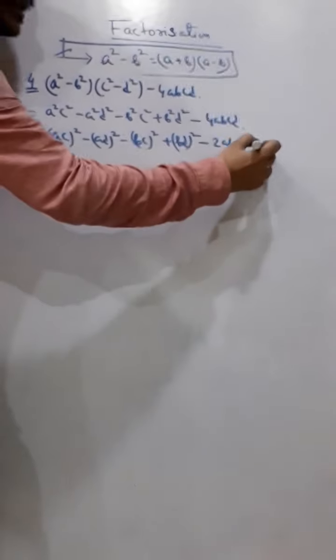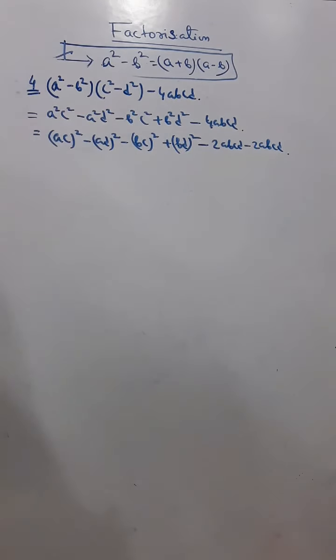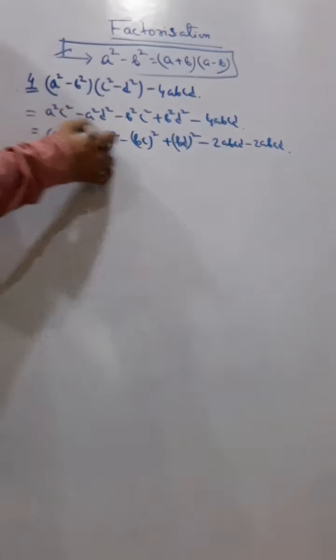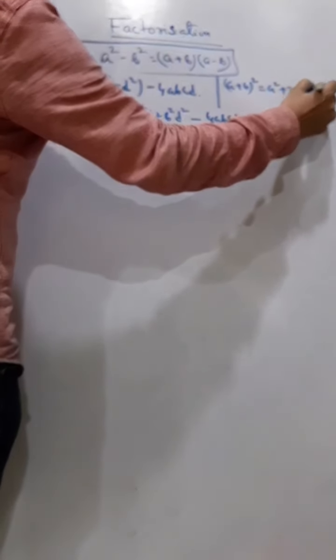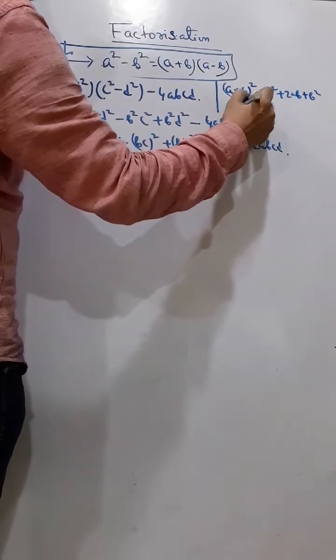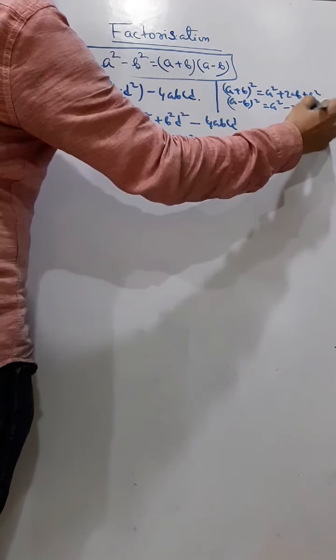And this 4abcd I will split into 2abcd and another 2abcd. You can see slowly in both these parts I will convert this into this format: a plus b whole square, a square plus 2ab plus b square, and we will get another a minus b whole square, a square minus 2ab plus b square.